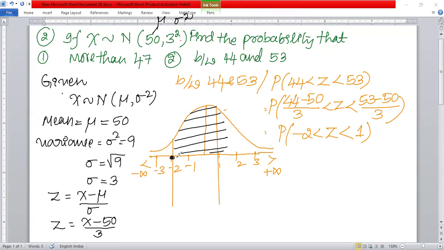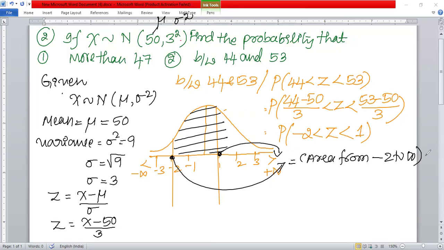First one, you have to start minus 2 to infinity, then plus 1 to infinity. We'll get the answer. Let's see. First one, area from minus 2 to infinity. Between comes table value minus table value. Area from minus 2 to infinity minus area from plus 1 to infinity. So that is equal to first one, minus 2 is 0.9772.